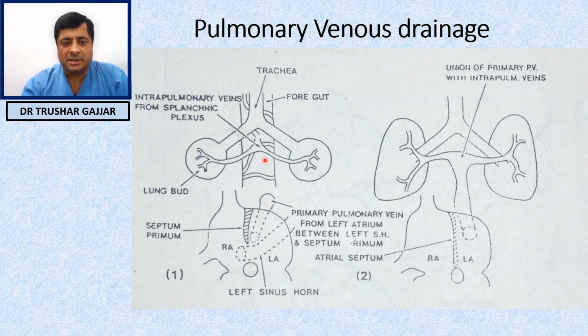This outpouching will go and communicate with the splanchnic venous plexus. Slowly, this splanchnic venous plexus and this primary pulmonary vein will come down and fuse into the primitive atrium.